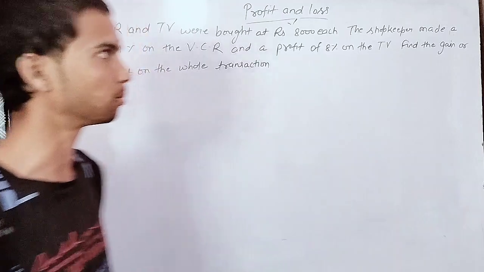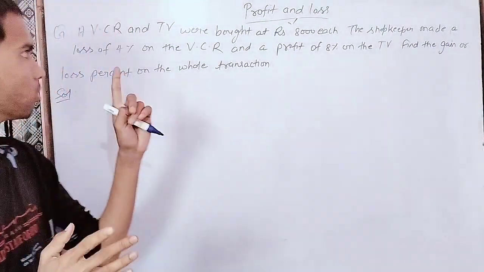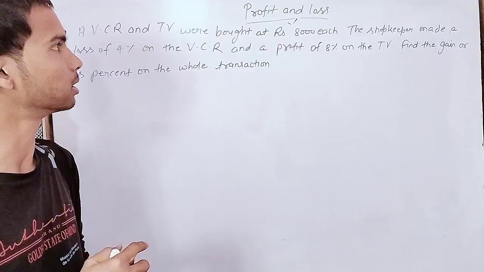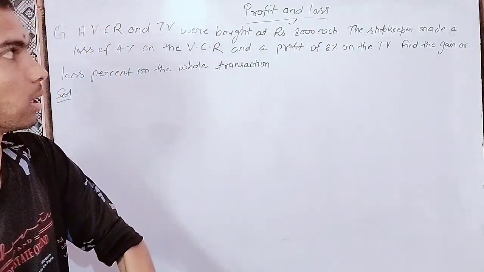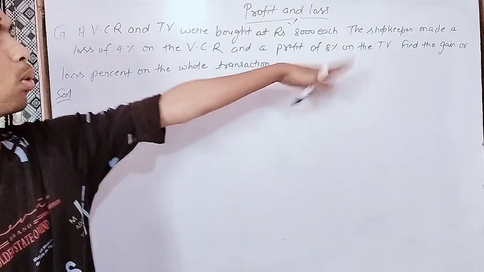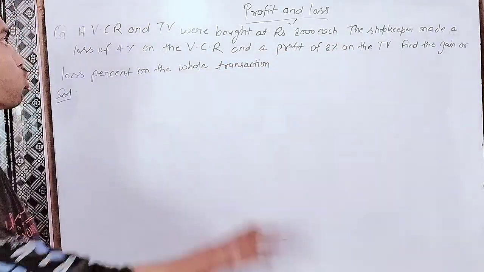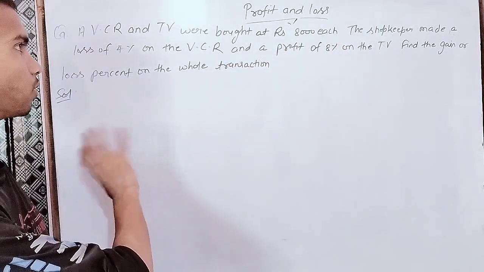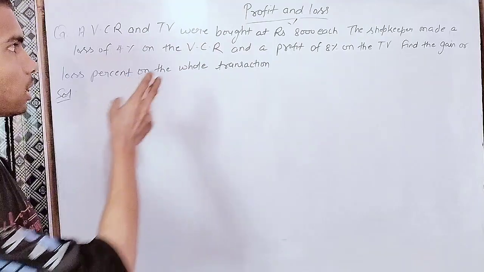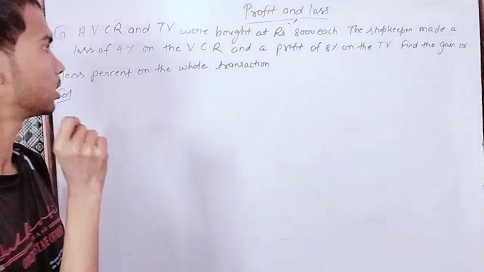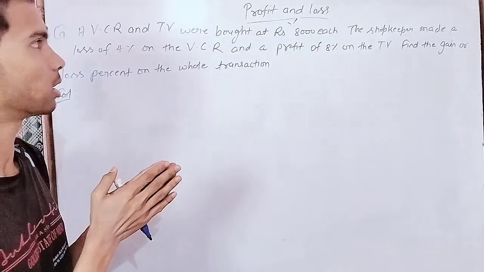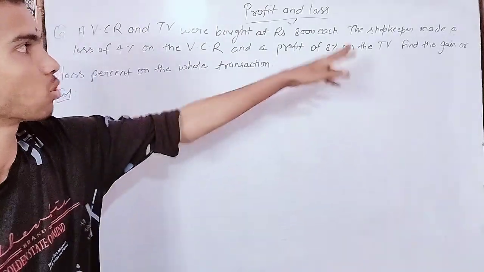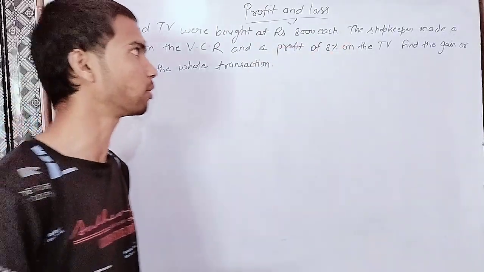The shopkeeper made a loss of 4% on VCR, but the shopkeeper made a profit of 8% on TV. So if we observe this side, in the case of a VCR there is a loss of 4%, but in the case of a TV there is a profit of 8%.